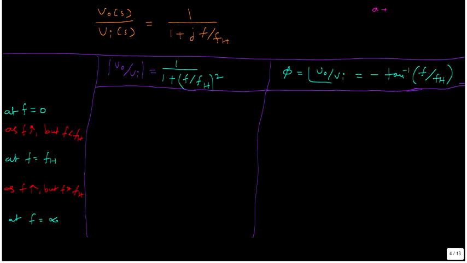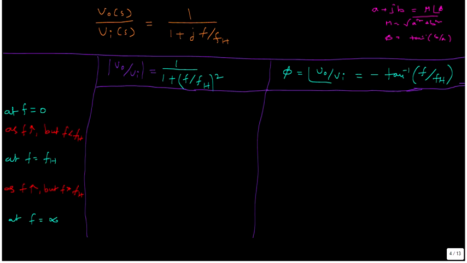If you have A plus jB, you can write it equivalently as magnitude as well as phase, where M is equal to the square root of a squared plus b squared, and phi, the phase angle, is tan inverse of b by a. So using this relation, I am going to convert it into polar form.